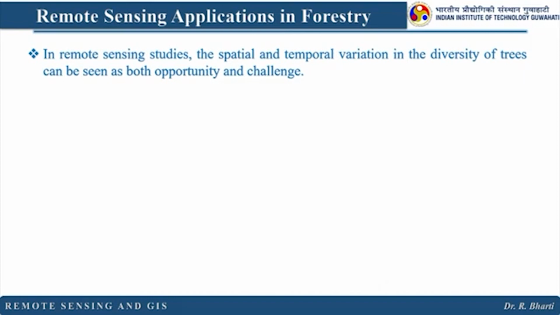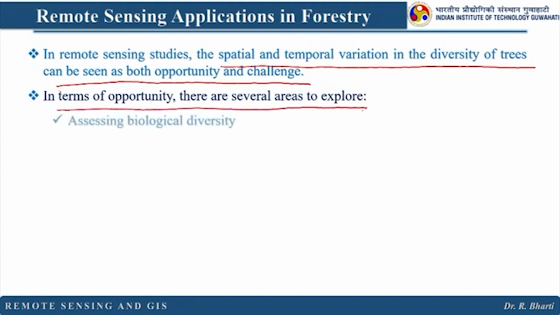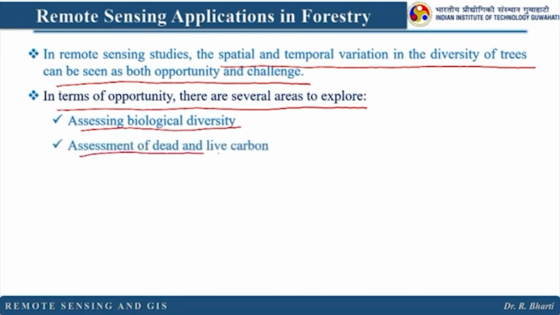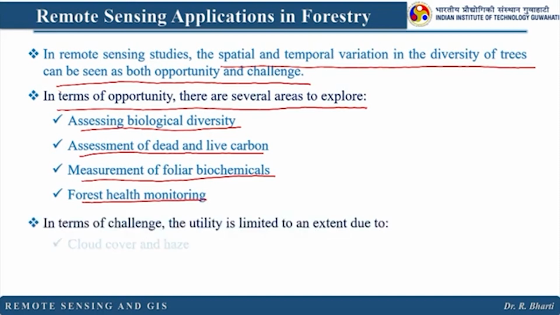In remote sensing studies, the spatial and temporal variation in diversities of trees can be seen as both opportunity and challenge. In terms of opportunity, there are several areas to explore, like assessment of biological diversity, assessment of dead and live carbon, measurement of foliar biochemicals, forest health monitoring.